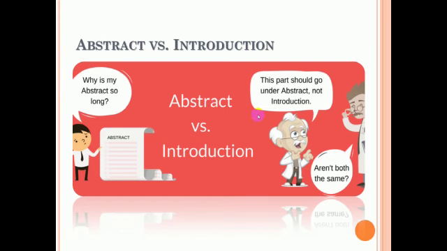So this part should go under abstract, not introduction. This is the advice of the professor. This means that if your abstract is so long, it is an introduction. Because as we have said already, our abstract is from 150 to 300 words.